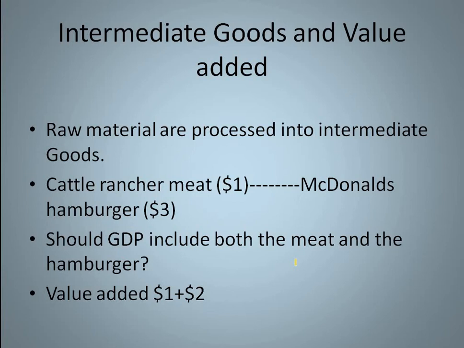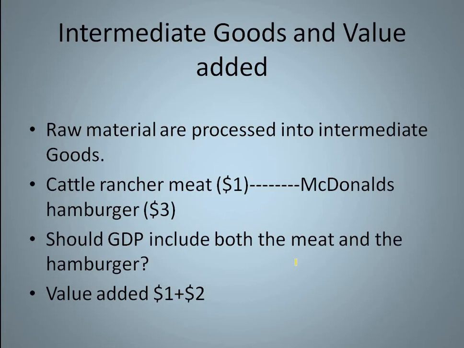The answer to this question is that GDP includes only the value of final goods. Thus, the burger is included in GDP, but the meat is not, because the meat is intermediate. GDP increases by $3, not by $4.